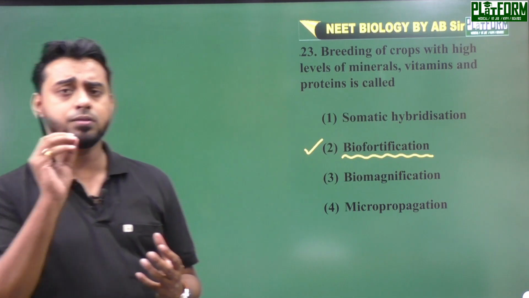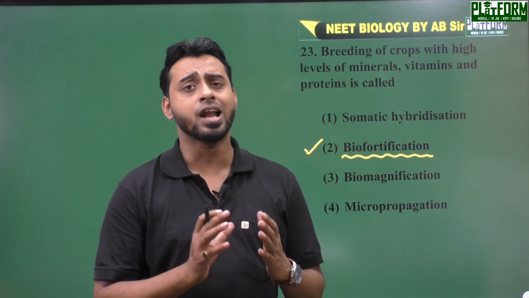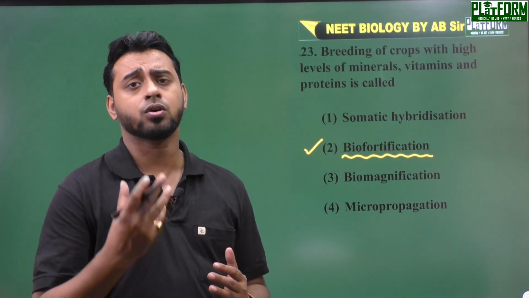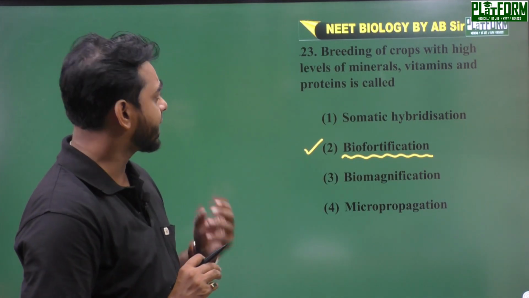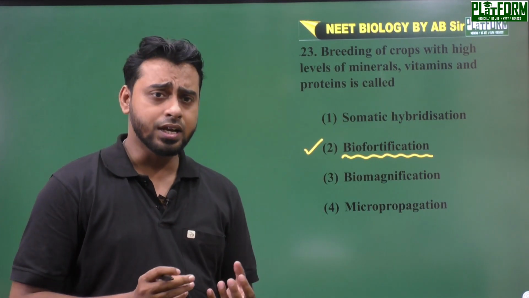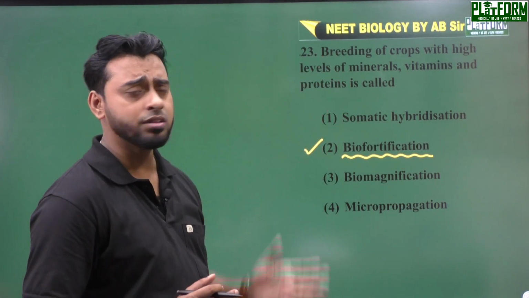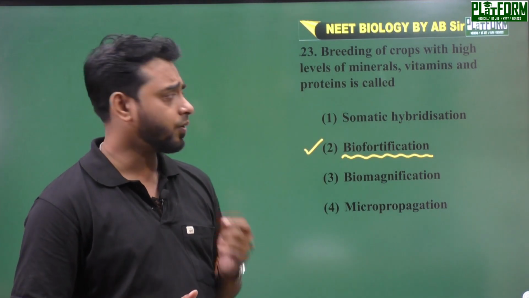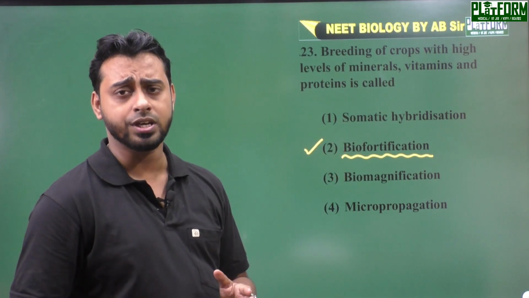Biofortification is a very important technique which is applied in plant breeding for the improvement of the crop. By the implementation of this technique, we can get a plant with high levels of minerals, vitamins and protein content. Okay, so the answer will be biofortification.